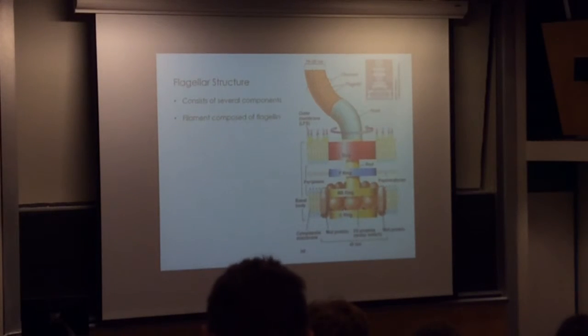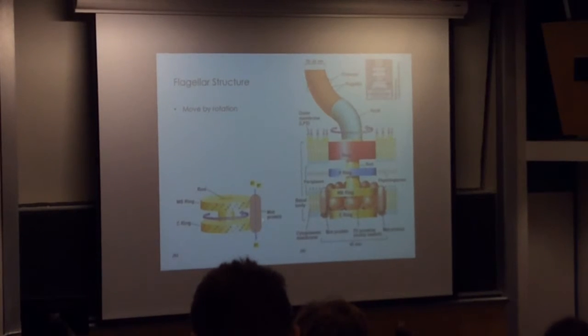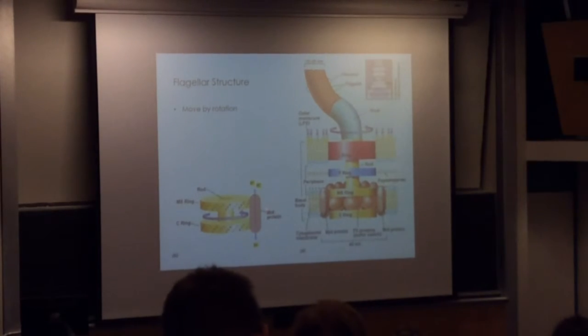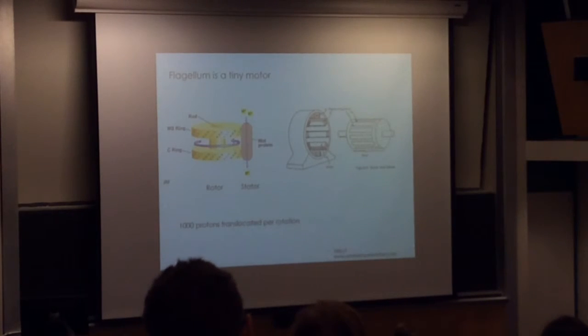Each flagellar basal body is surrounded by these proteins called Mot, which give the energy needed to turn the whole thing. It works like a regular motor that you might see in any kind of electrical equipment that you might use.